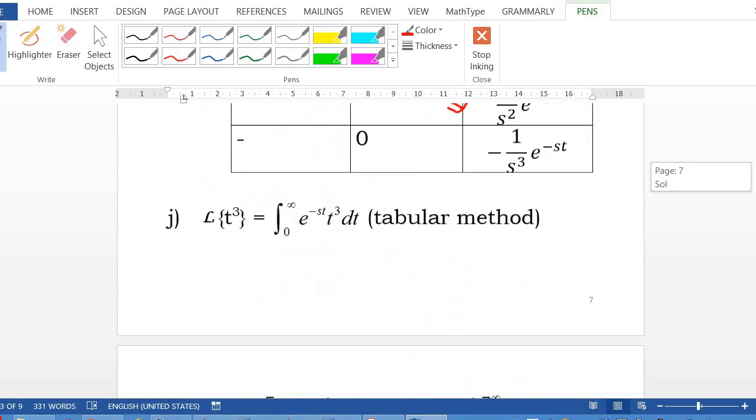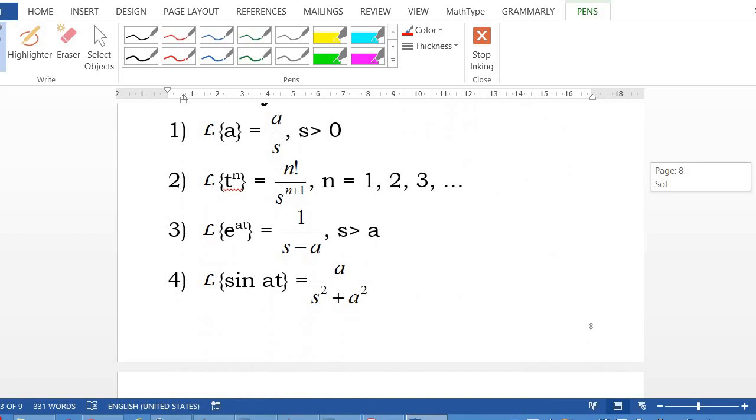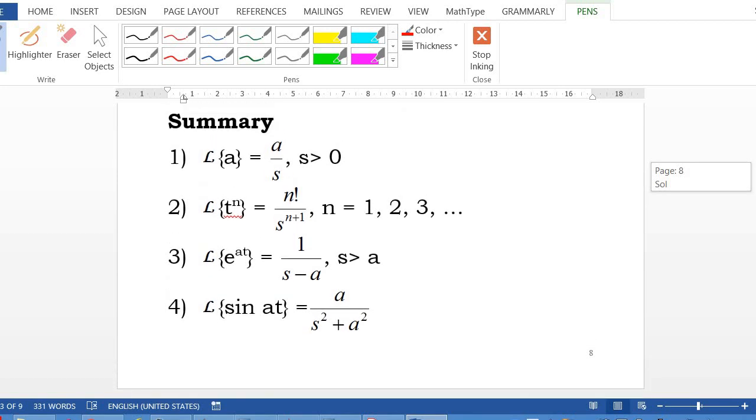Okay, go down here first. So we have derived, I think, the first formulas. Laplace transform for a is a over s, for s greater than 0. Laplace transform for e to the at is equal to 1 over s minus a, where s must be greater than a. Laplace transform for sin at is a over s squared plus a squared.